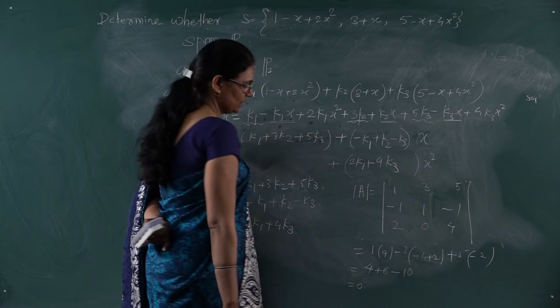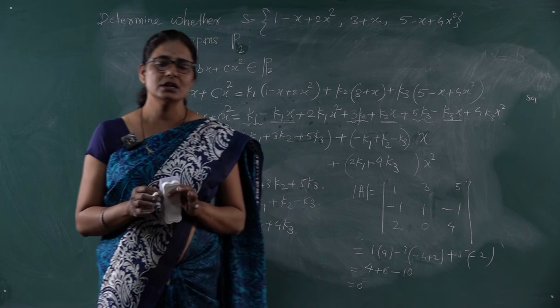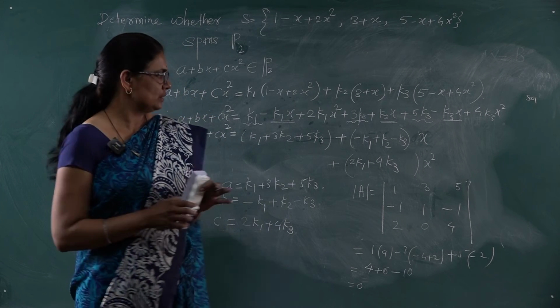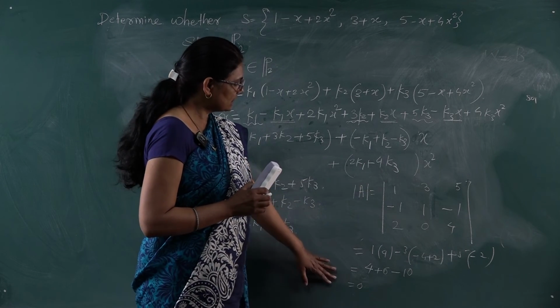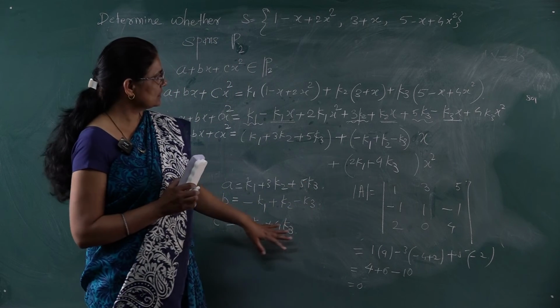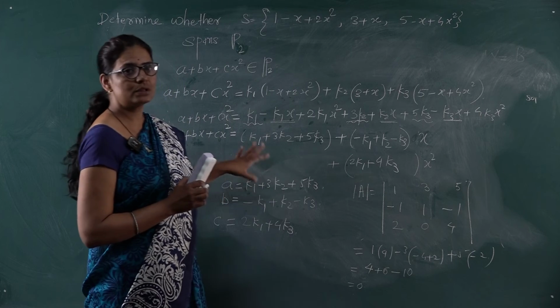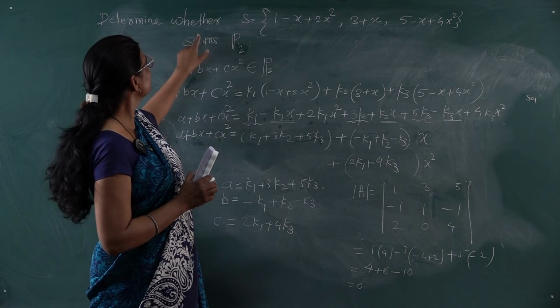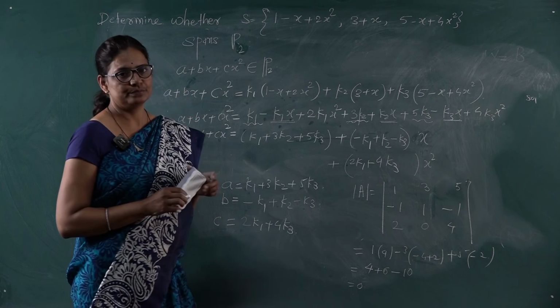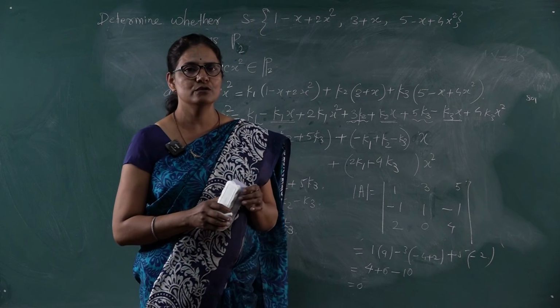It is again 0 here. So okay, just do each and every calculation carefully, it is very important. So since the determinant is equal to 0 here, it indicates that this system does not always have a solution, and so this set does not span P2. So it is very important, do each and every calculation carefully.